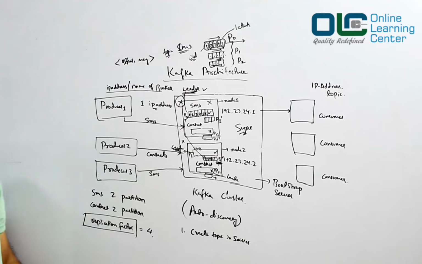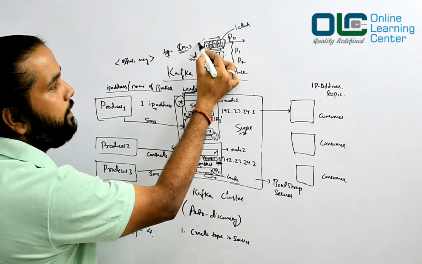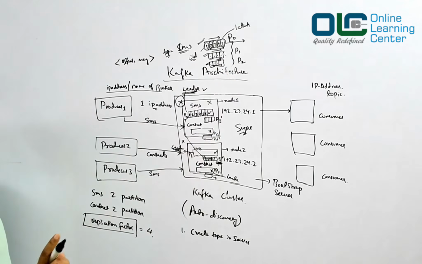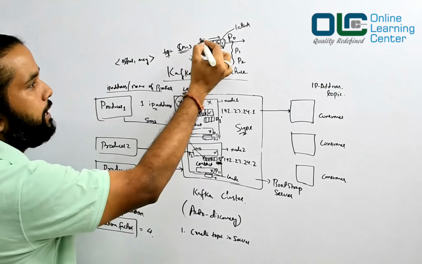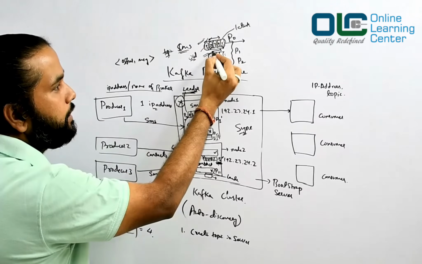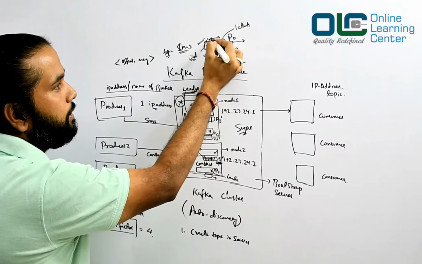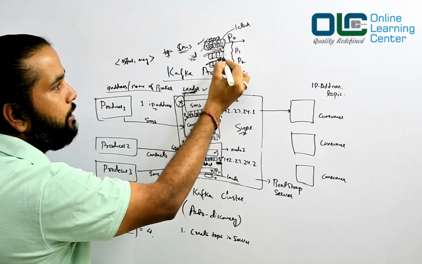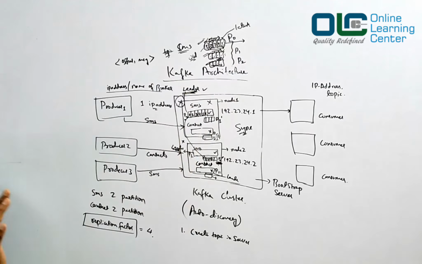You cannot say that first P0 would be filled up, then only P1, and then only P2. That's absolutely wrong. As the data arrives, some data would be written here, some here, some there, and that would be done in a round robin fashion.